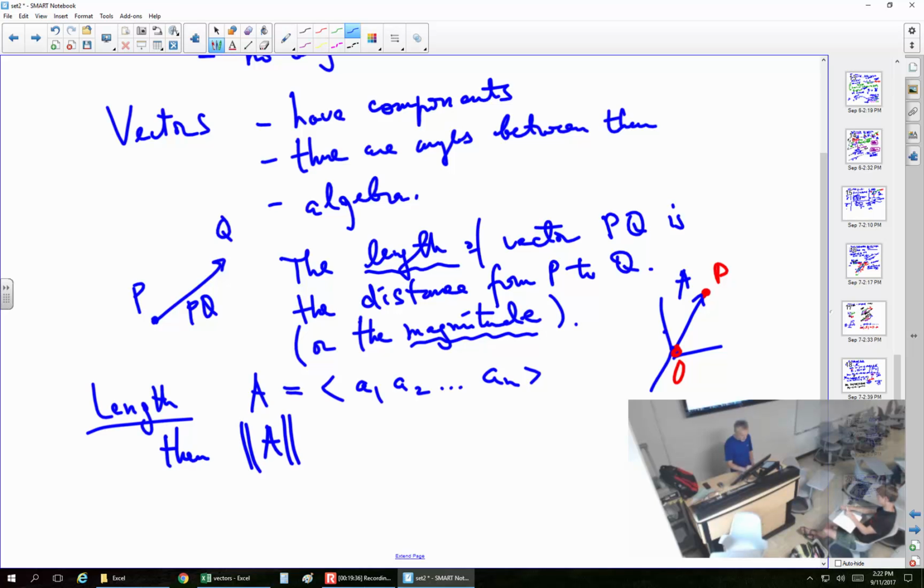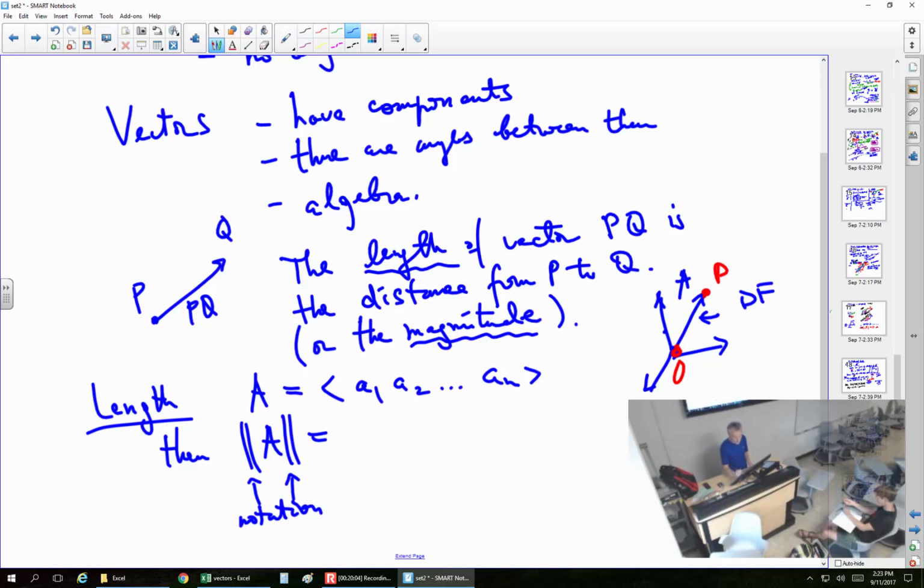distance formula. This is the notation for the magnitude or the length of a vector. Vertical lines, which resemble the absolute value, not by coincidence, because in dimension 1, the magnitude is the absolute value. But other than that, all we have to do is apply the distance formula.